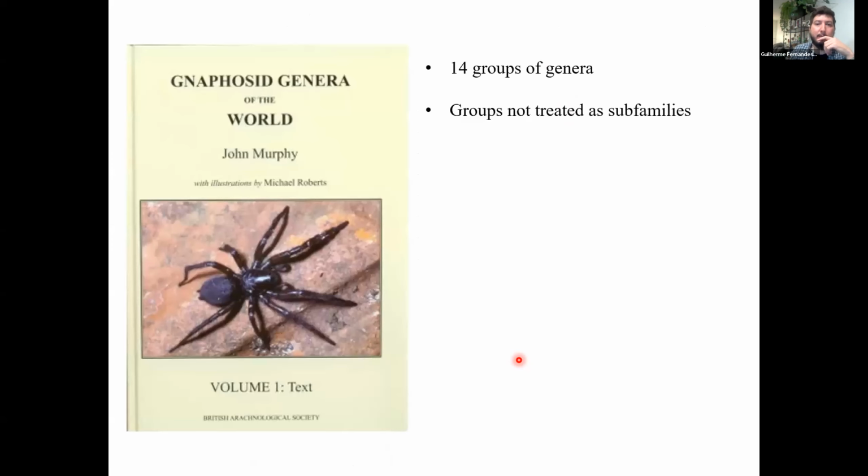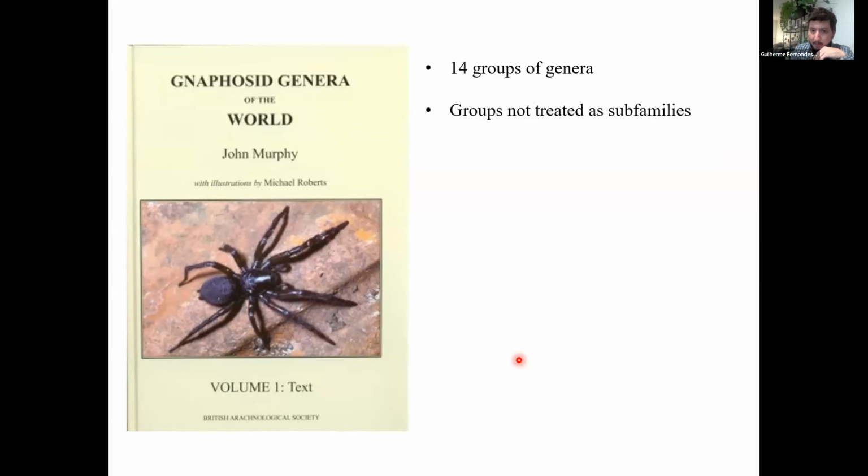And the first attempt at doing that was Murphy's book. In his book, he delimits groups of genera, 14 groups of genera. He didn't treat the groups as subfamilies, but it could be, because many of the groups agree with the limits of traditional groups used as subfamilies.